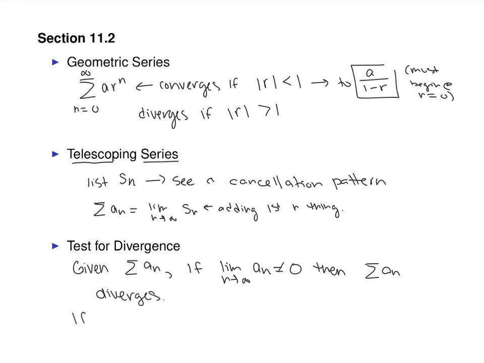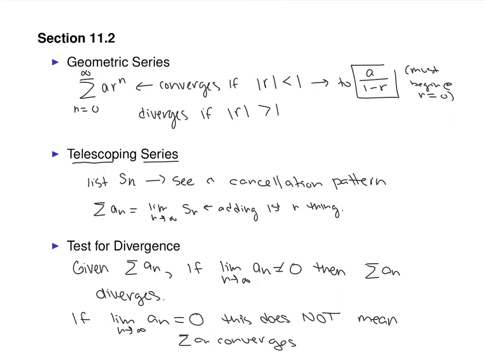Just as an aside, if the limit as n goes to infinity of a_n's is 0, this does absolutely not mean that your series converges. For example, the sum of 1 over n. As n goes to infinity, 1 over n goes to 0, but that series diverges.